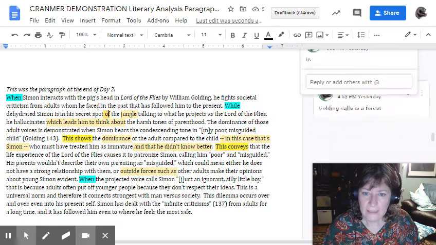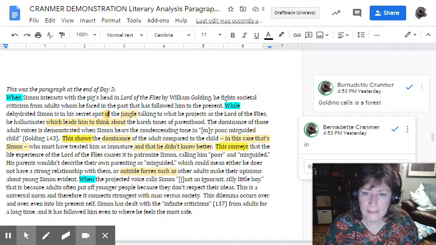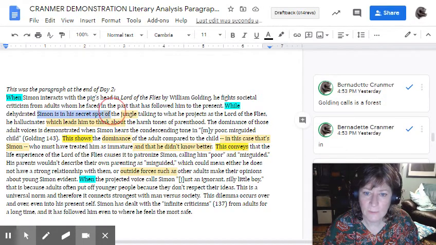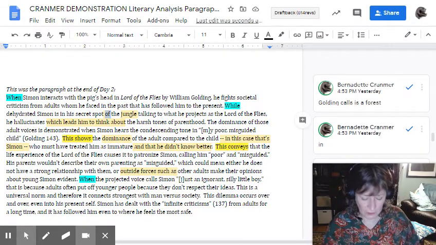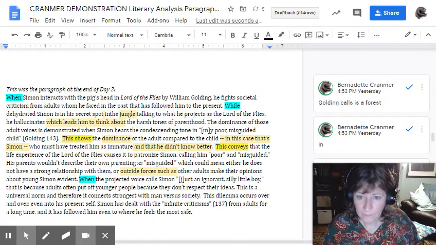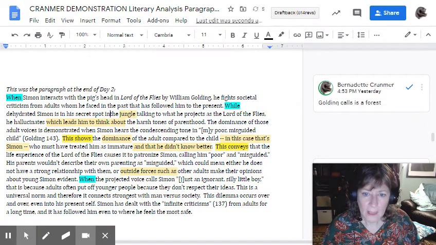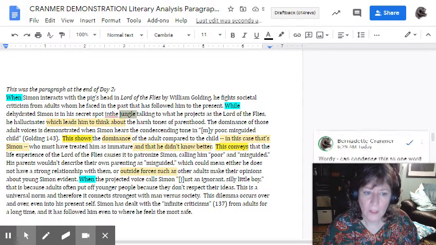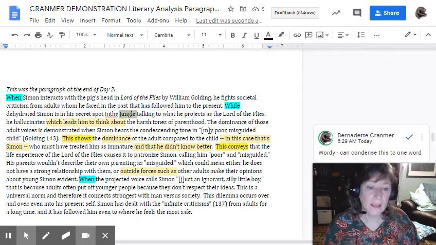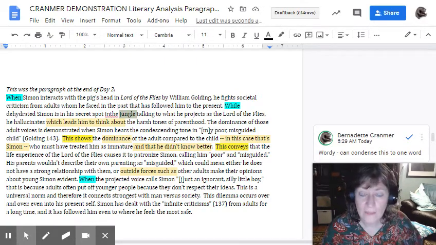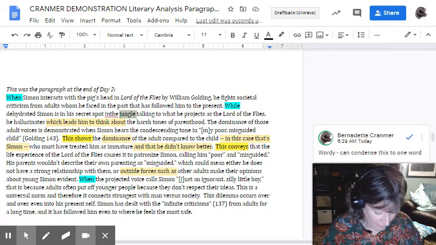Next one is we have Simon is in his secret spot of the jungle. Well, he's not of the jungle, right? Simon is in the jungle. So let's change that to in. Okay? And then we've got this word jungle. Well, he's actually not in the jungle. I know that we think of it as a jungle because it's on an island.